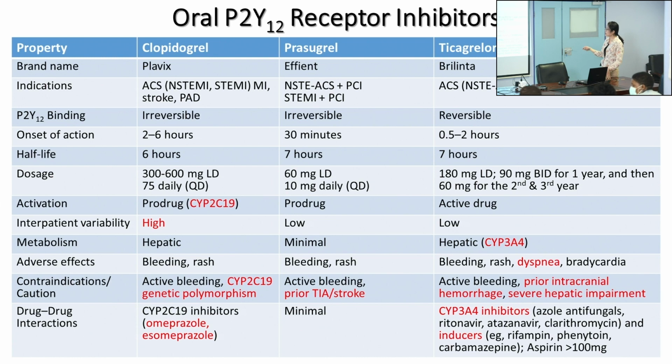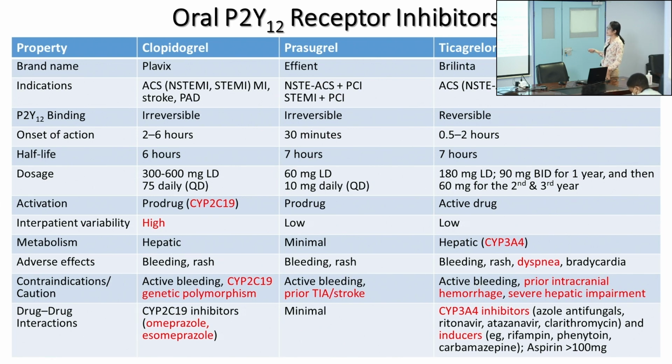Yes, the reason why I mentioned this enzyme is because for some patients, if they have a genetic polymorphism, they have poor activity of this enzyme, then the effect of clopidogrel on these patients will be reduced.